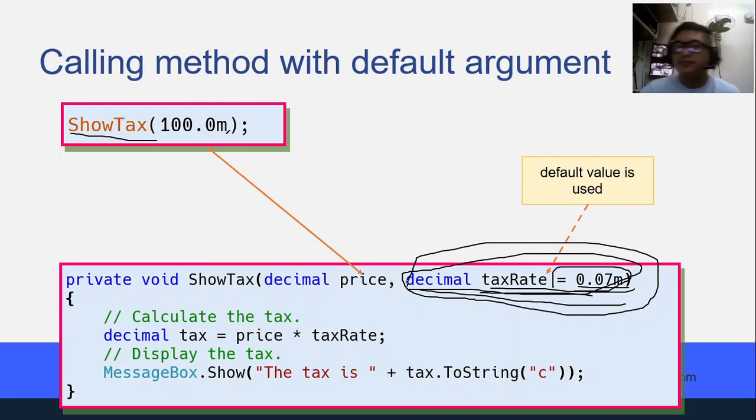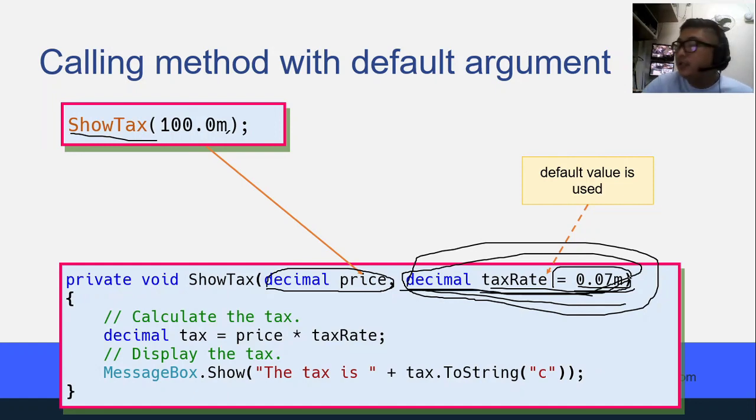Pwede mong iset. However, when only some of the parameters have default arguments, you must declare parameters with the default argument last. So kung magde-declare ka ng parameter dito sa method mo, kung meron kang default, i-declare mo siya sa last part na ng parameter list mo.